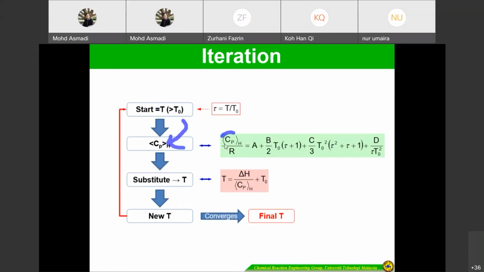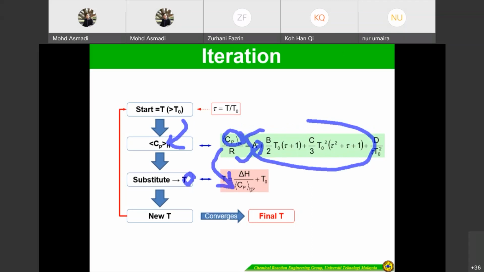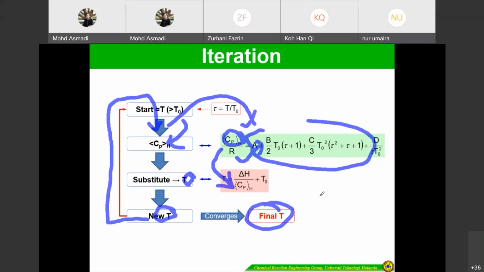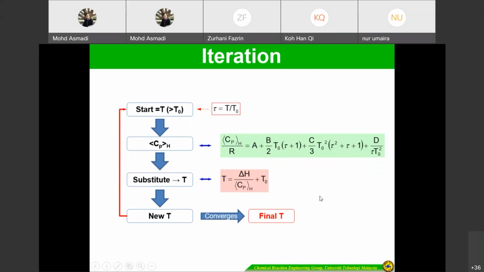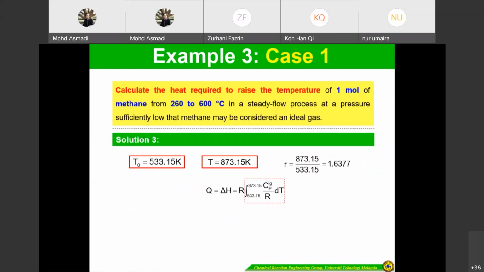Once you substitute here, this one should be times R to get only CP. CP you substitute here, and then you calculate T and get a new T. This new T you substitute again to the CP, and repeat until it converges, and you can get the final temperature. There are these two cases.